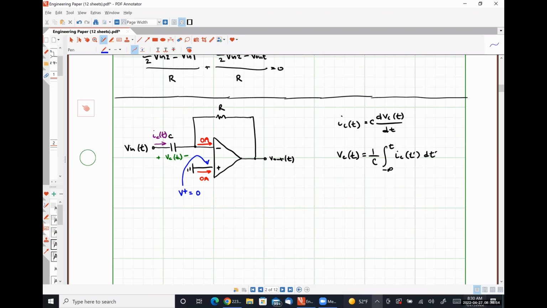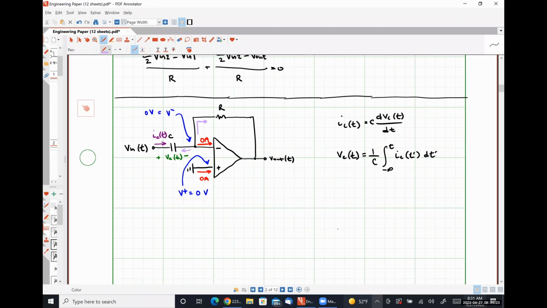The voltage present at our non-inverting input terminal is 0 volts, which means the voltage present at our inverting input terminal is 0 volts. And now we're simply going to apply Kirchhoff's current law, right? So I'm going to add this current together and this current together.